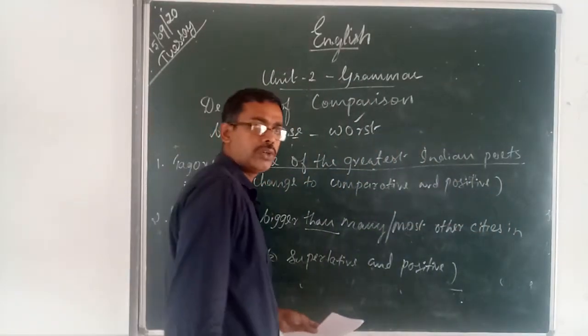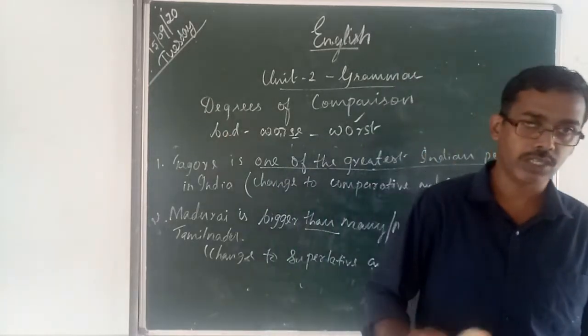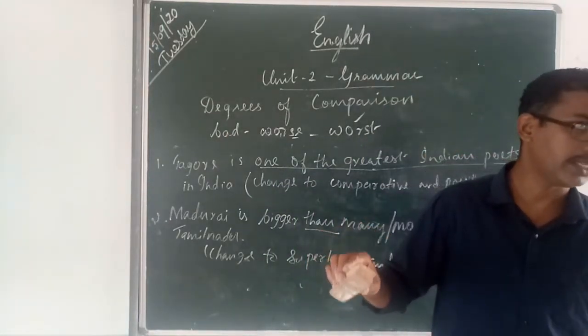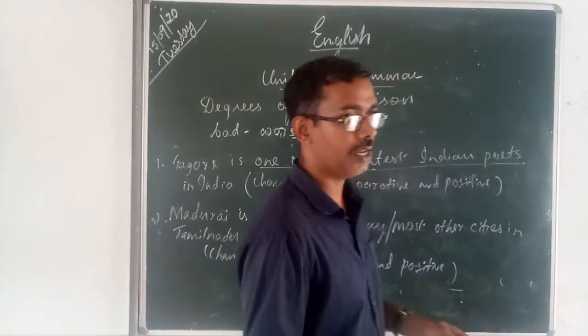Now I am going to give the short form, the shortest way to write the degrees of comparison for type 1 and type 2.